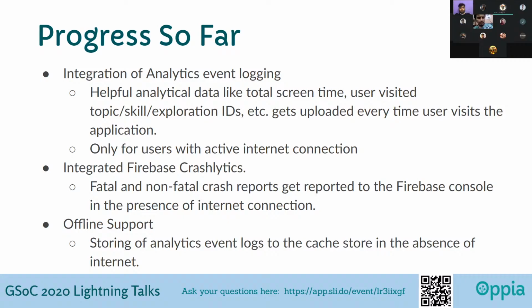And that is in the presence of an internet connection. For the offline support, currently we have implemented a cache store for analytics event logs. It checks the network connectivity before uploading, and if there is no network connection, then it stores the event logs inside the cache store. Next slide, please.